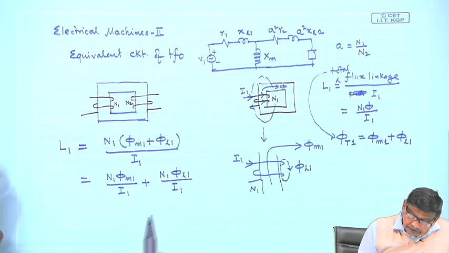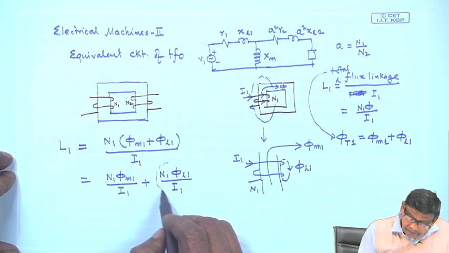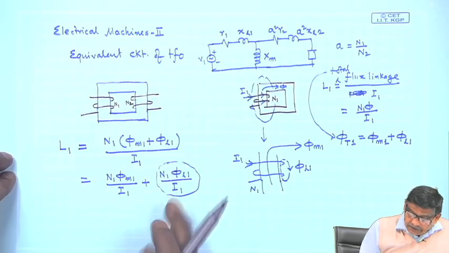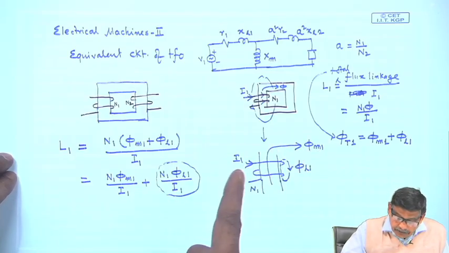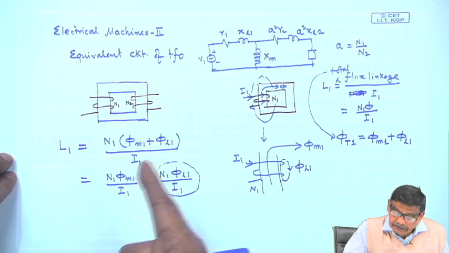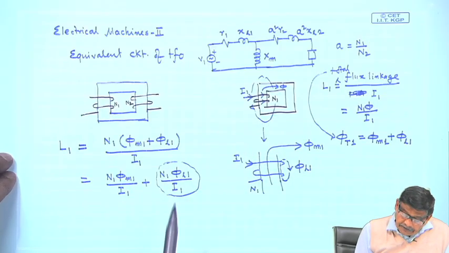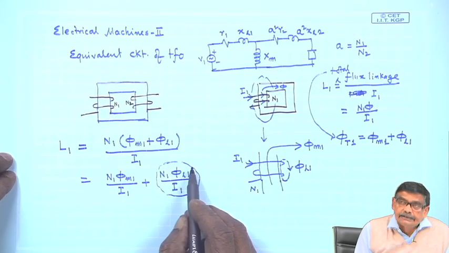Now, this part which is not confined to the core, that is the iron material of the arrangement, is called the leakage inductance.